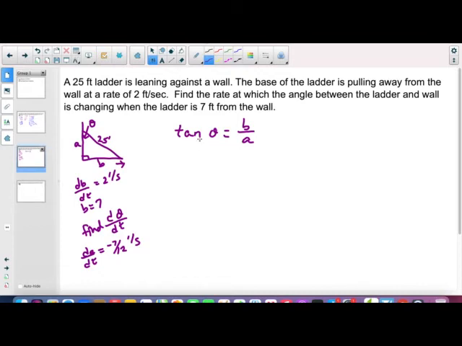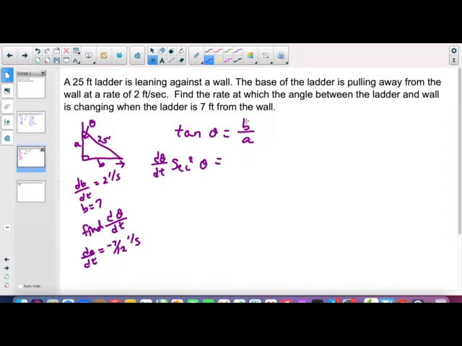So if I take the derivative of this implicitly, tangent of theta, the derivative of tangent is secant squared. So I have secant squared theta times the derivative of theta, which would be d theta over dt. So we took the derivative of the left-hand side implicitly. To take the derivative of the right-hand side, we need to use the quotient rule.